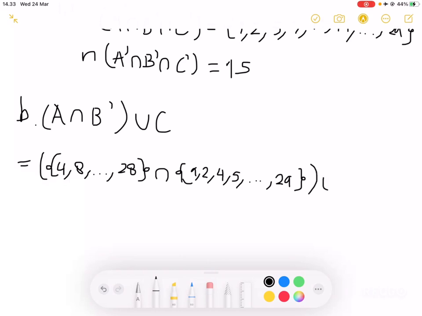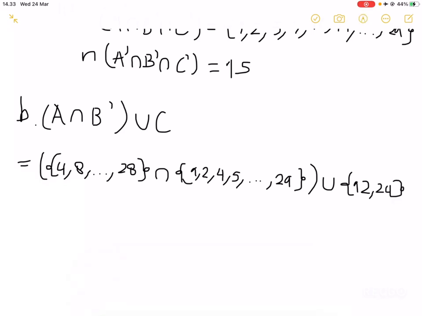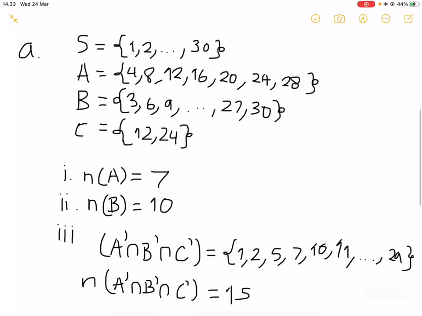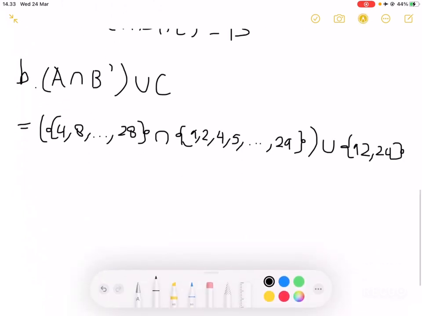And of that union C, which is the set 12, 24, as you can see there. The thing in parentheses will simplify to 4, 8.